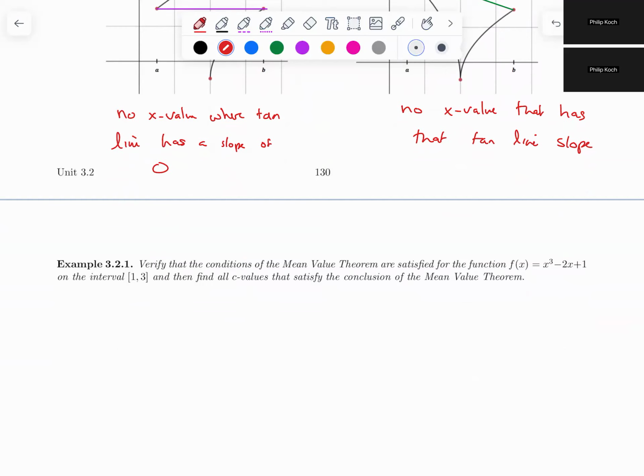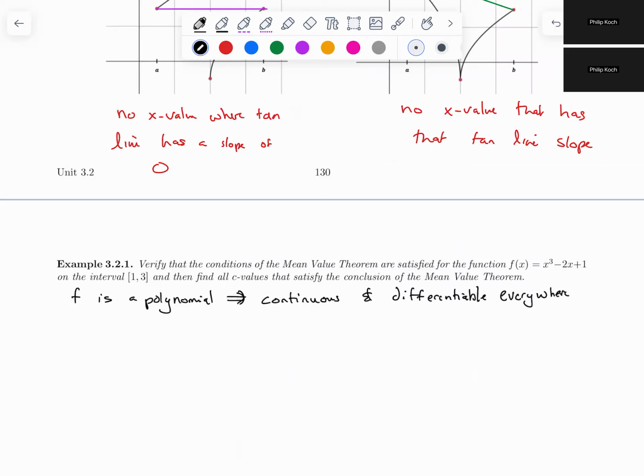verify that the conditions of the mean value theorem are satisfied for the function f of x equals x cubed minus 2x plus 1 on the interval 1 to 3, and then find all the c values that satisfy that conclusion. So f is a polynomial. Continuous and differentiable everywhere.